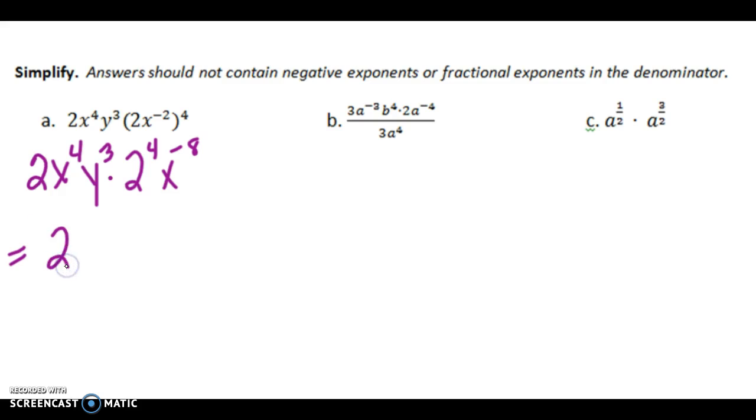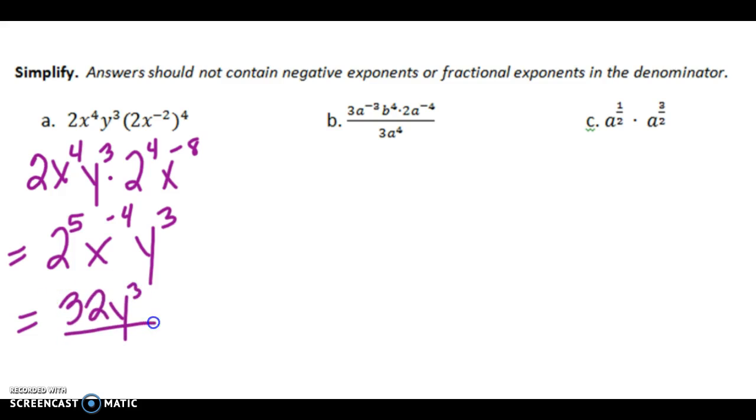So this now, when I combine my 2 sets of 2's, gets me 2 to the 5th. Add my exponents to my x's, and I get a -4. Y doesn't have any other y's. So 2 to the 5th power. What is that? So that is 32. Y to the 3rd, and then my x's moved to the denominator because they have a negative power.